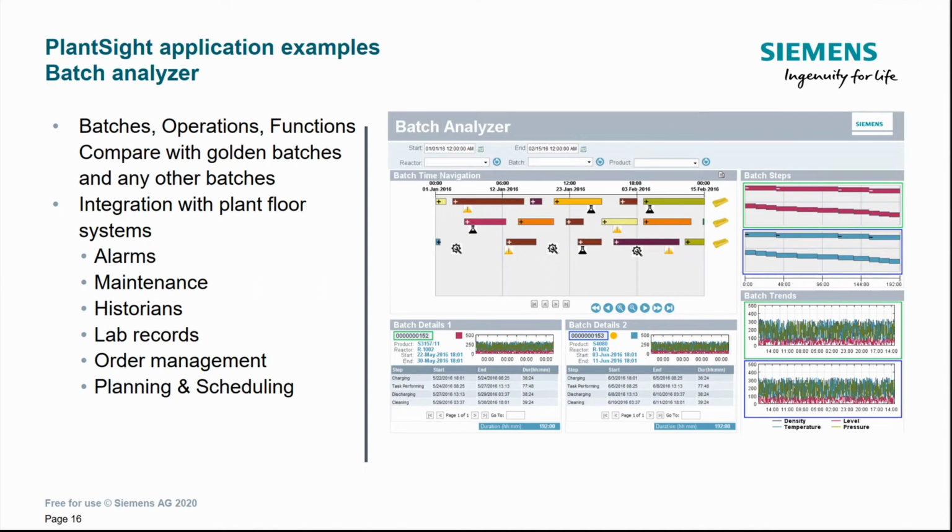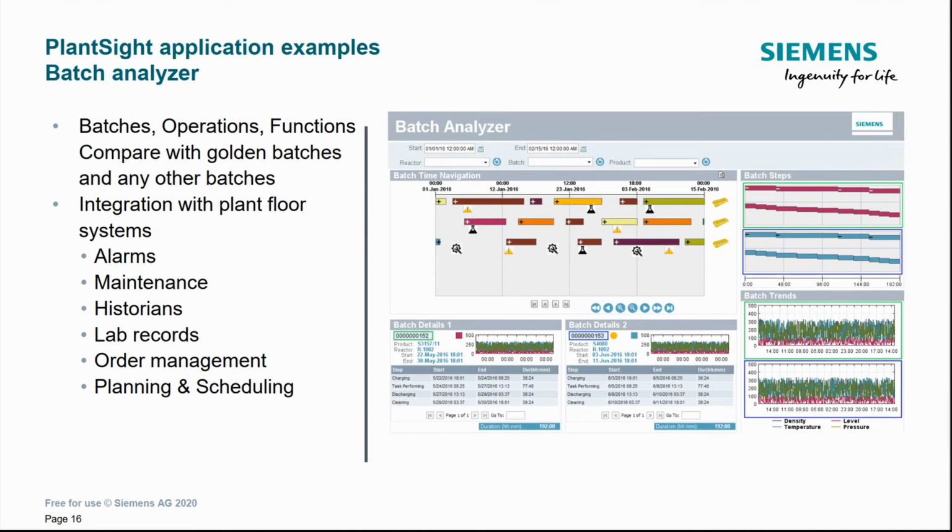But we are not only limited to the data coming from the control system. We grab the data from the batch system to define batch start, batch end, and also the time frame for the steps and the functions and so on. And we can get data from the SCADA, DCS, or historian to show the pressures and temperatures during the batch.